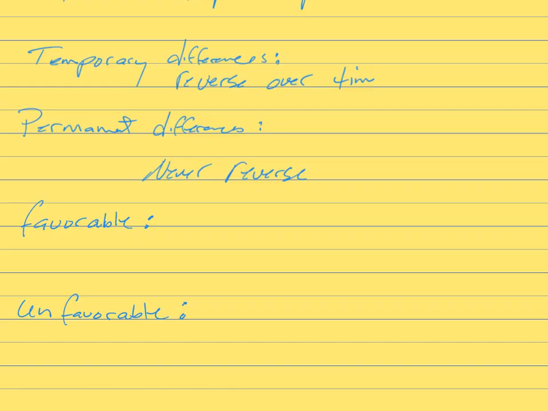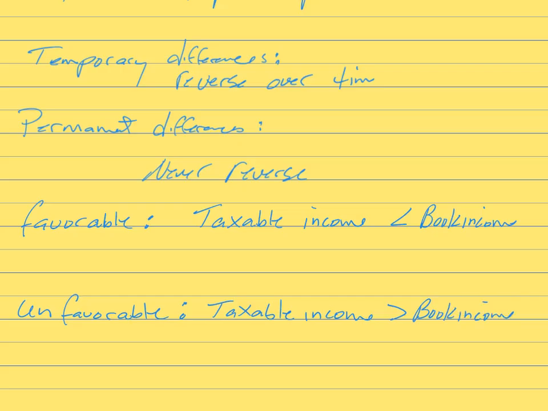So a favorable book to tax difference means that taxable income is less than book income. And an unfavorable means that taxable income is greater than book income.